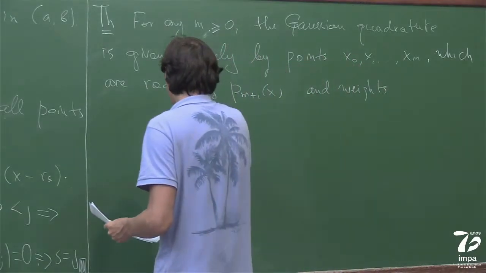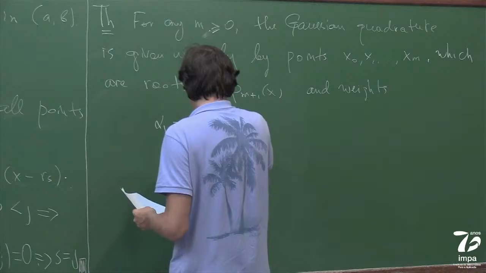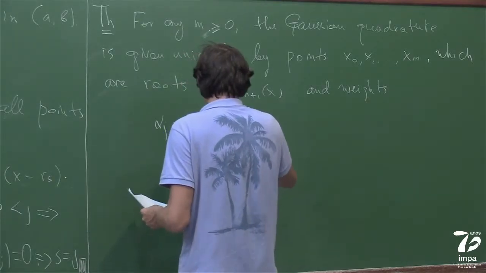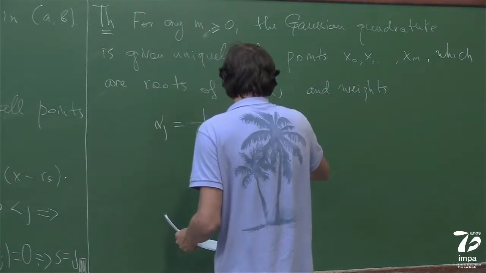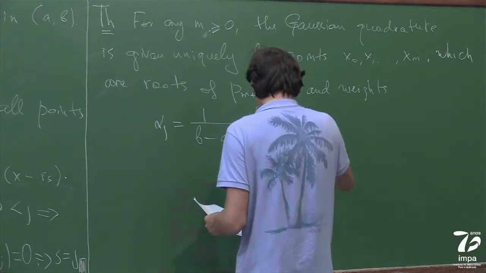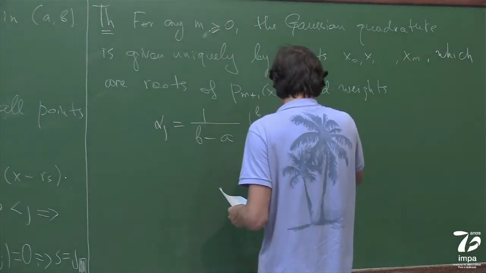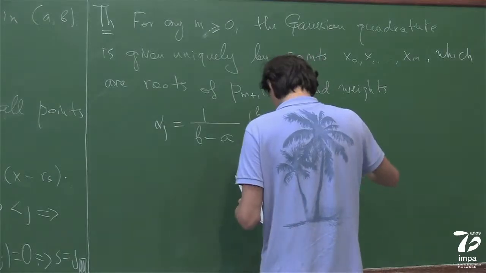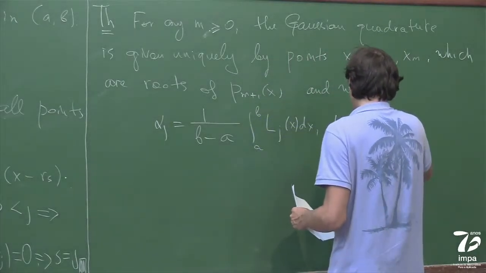And the weights are given explicitly: alpha j is 1 over b minus a times the integral from a to b of the Lagrange polynomial L_j dx.